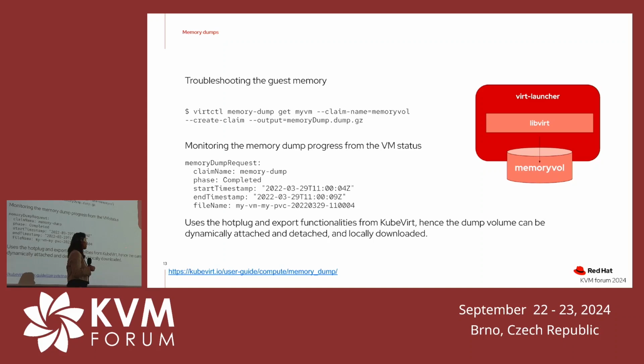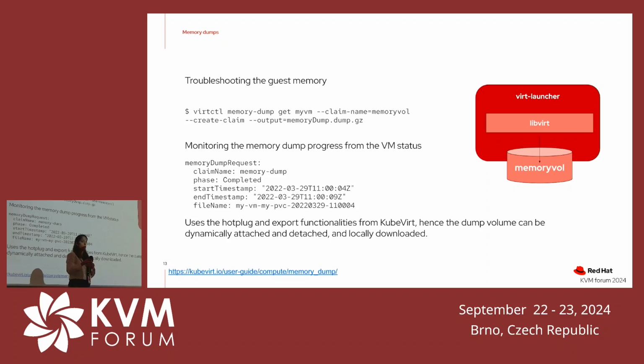So we are able to dynamically attach a new volume, get the dump there, and when that is finished, you can also monitor the status of the dump from the VM status, we can detach it.